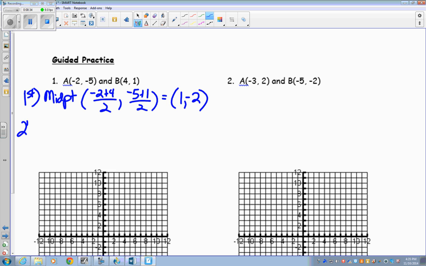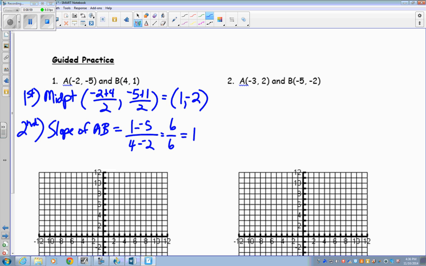Second, we need to find the slope. We're going to use the formula, rise over run. So that's 1 minus a negative 5 over 4 minus a negative 2. And then when I simplify that, that will become 6 over 6, which is 1.